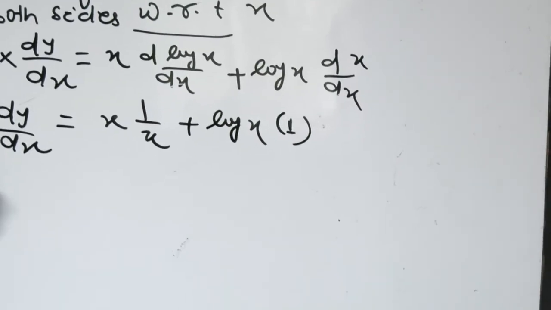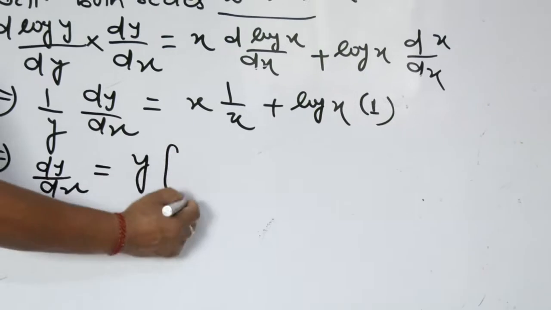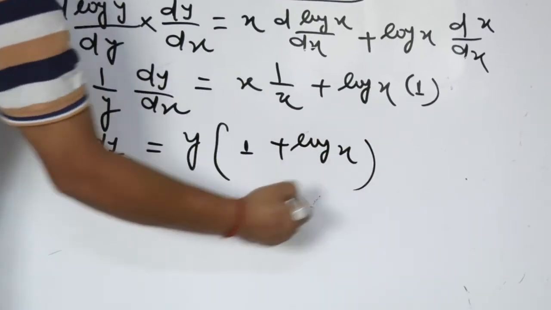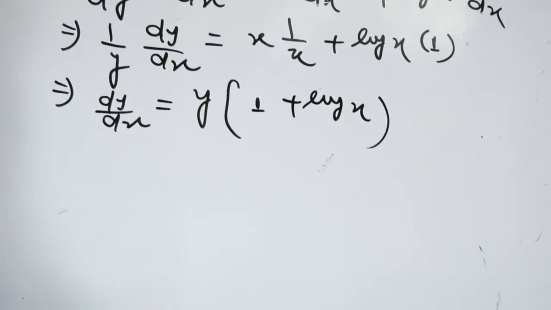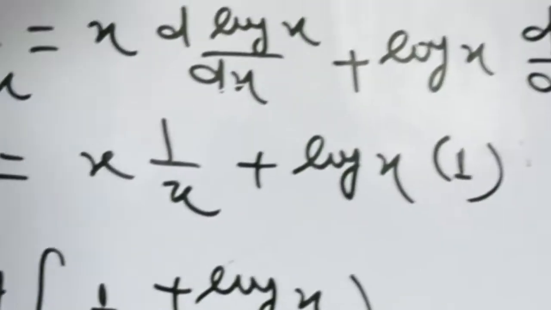This implies dy by dx equals y into x into 1 by x cancels, 1 plus log x. So dy by dx is equal to y into 1 plus log x.